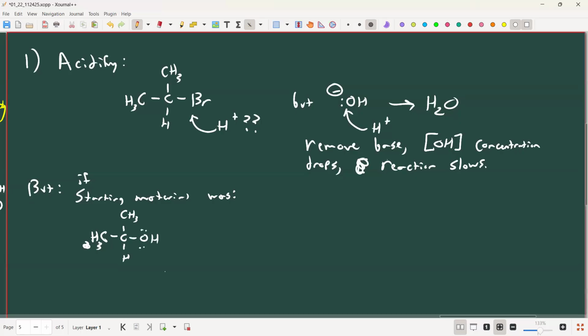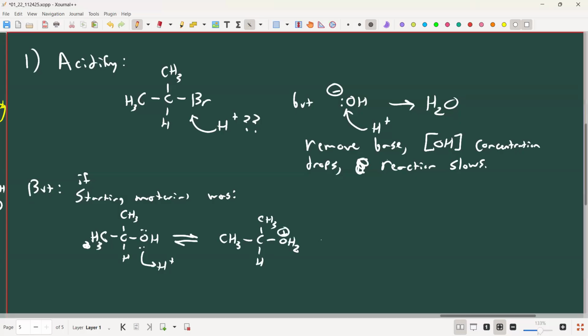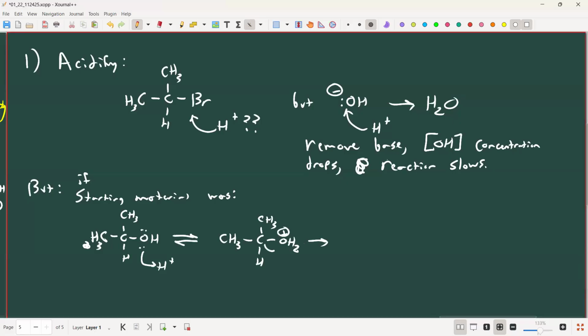If we had this material, we could do an acid-base reaction. Get a positive charge there. And then you readily form an ion, or cation here, because that OH2 just leaves if it makes water.